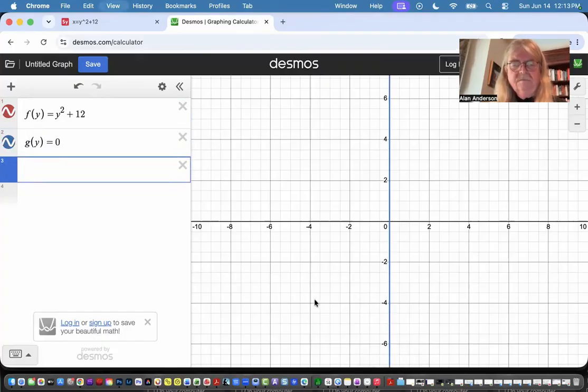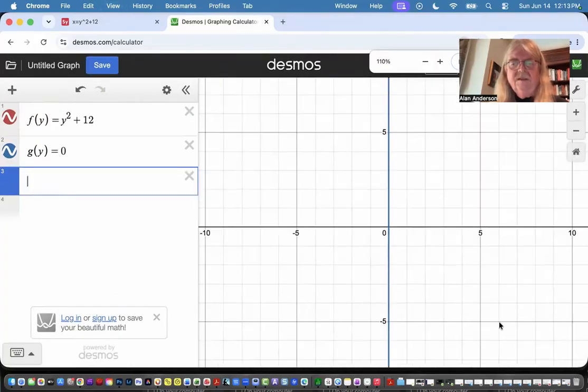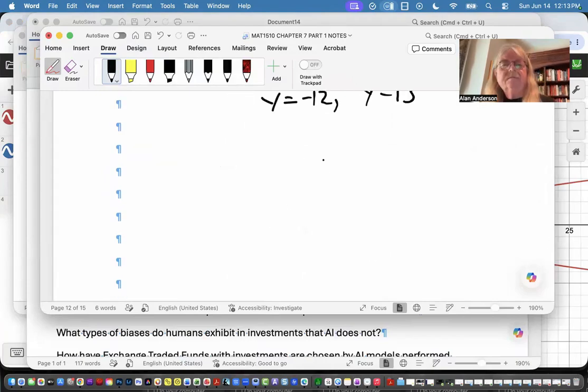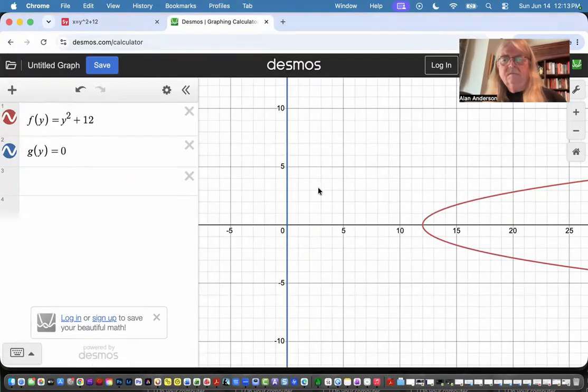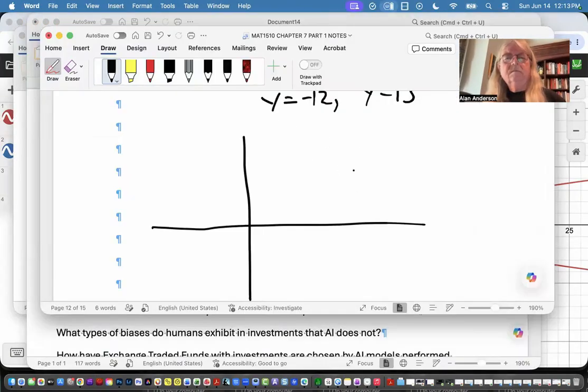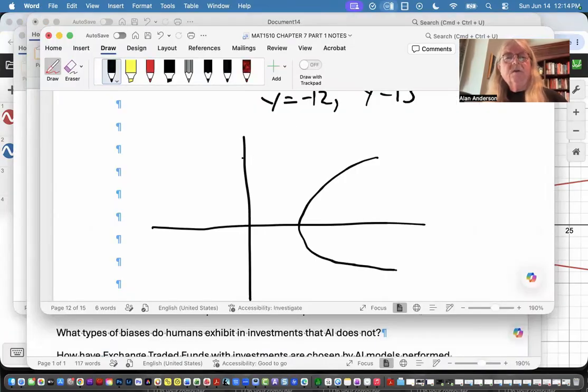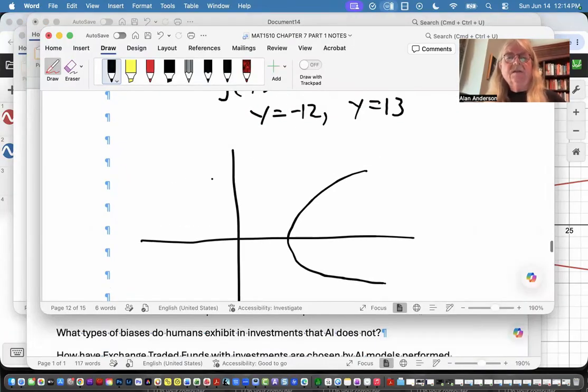Okay. So that's what it looks like. And they want us to cover the area. So I have to assume what they mean here is they're asking us to cover the area between negative 12 and positive 13. So it looks like what they're after is this. And then let's say 13 is here.